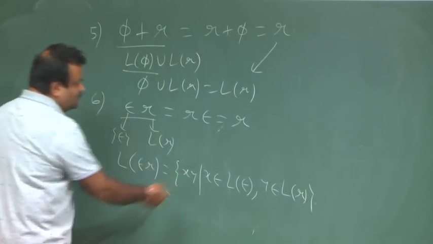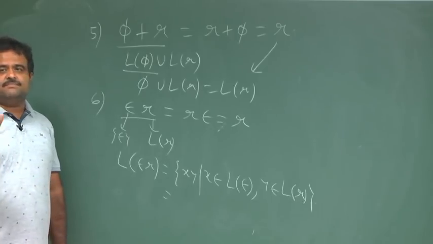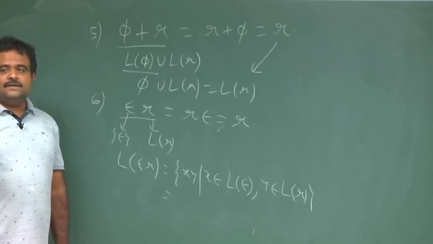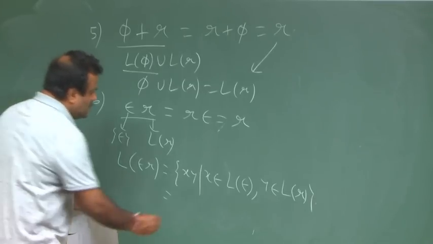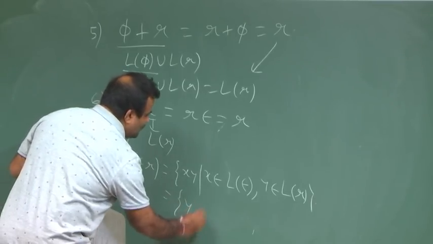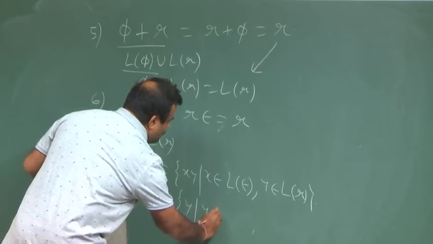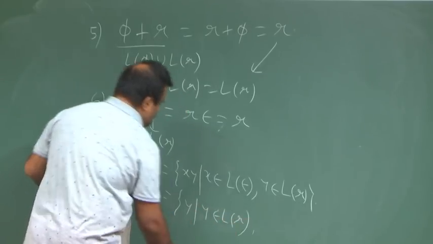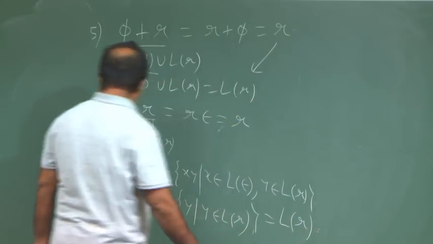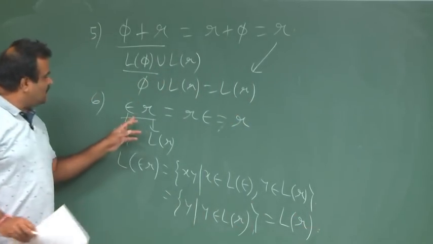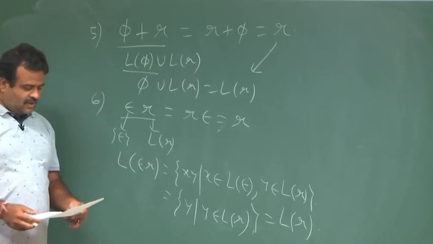So, if you concatenate with epsilon, it is a string of length 0, it does not add anything. So, this is the same as y, where y belongs to L of r. So, this is nothing but L of r. Okay. So, epsilon r is basically r.